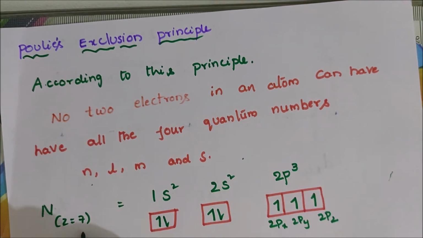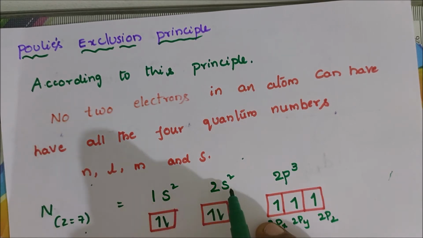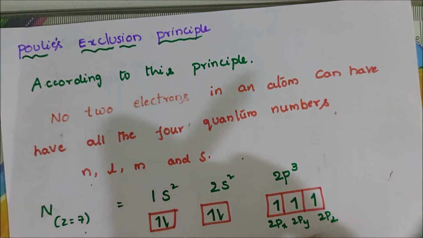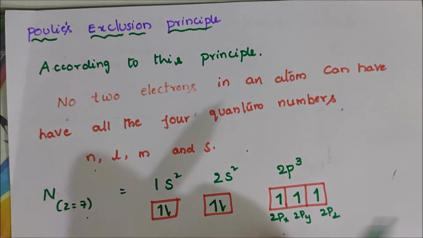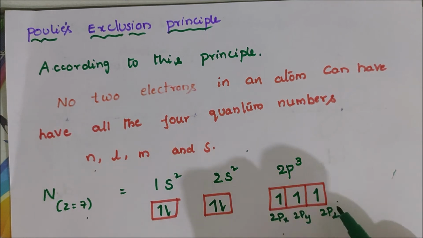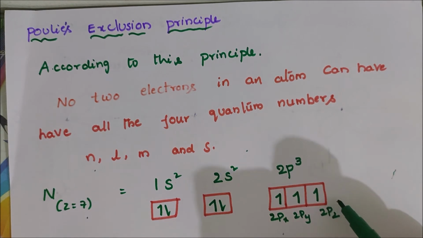For example, we take nitrogen. Nitrogen's atomic number is 7. 1s2, 2s2, 2p3. This is the general electronic configuration. The outermost shell contains 5 electrons, and the 2p orbital has 3 unpaired electrons.